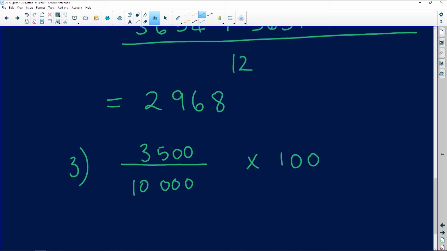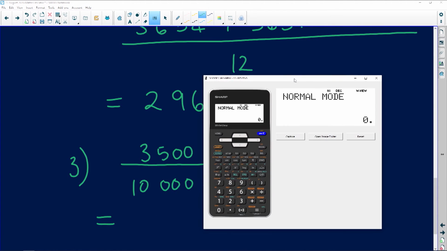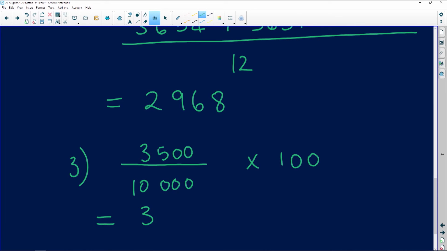I put that in my calculator: 3,500 divided by 10,000, which is the total number of voters, multiplied by 100. That gives us 35%.